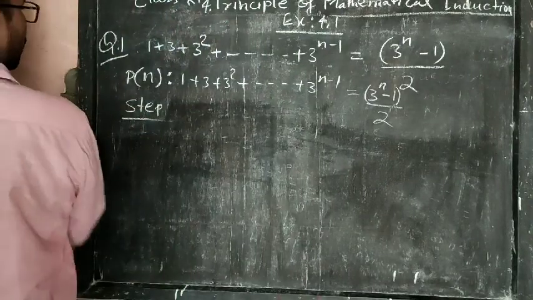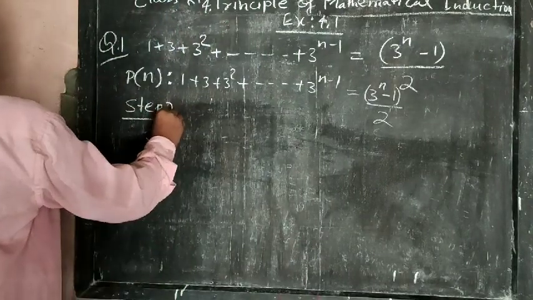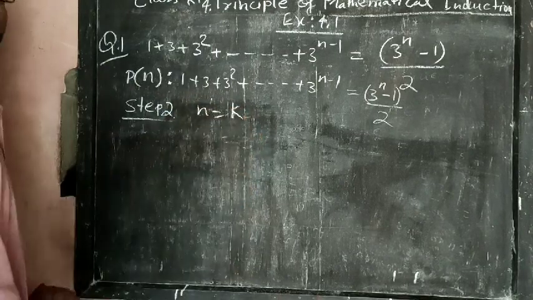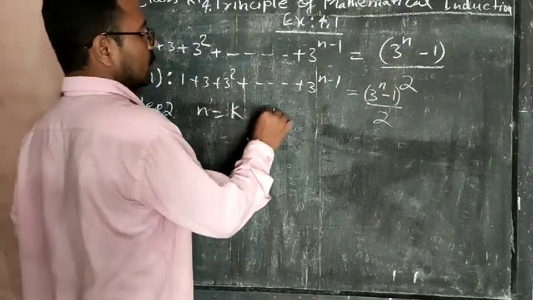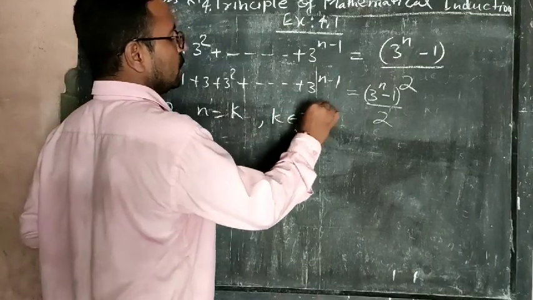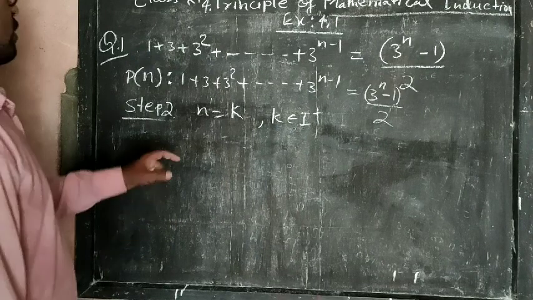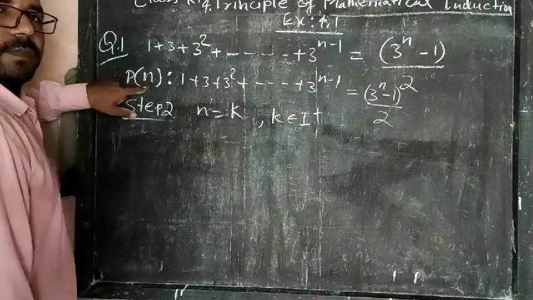So step number 2, that is n is equal to what? K, where k belongs to integer, positive integers. So now n is equal to k. That means this much is there.